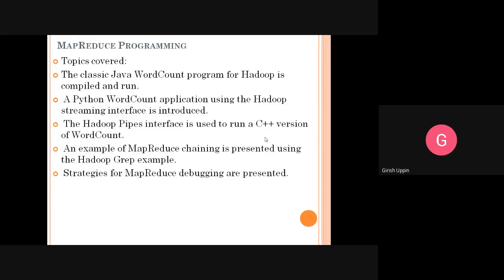The word count implementations are different. An example of MapReduce chaining is presented using a Hadoop grep example. So we will see that particular example, and also we'll see what strategies are used for debugging MapReduce programs, which we will see in the next session.